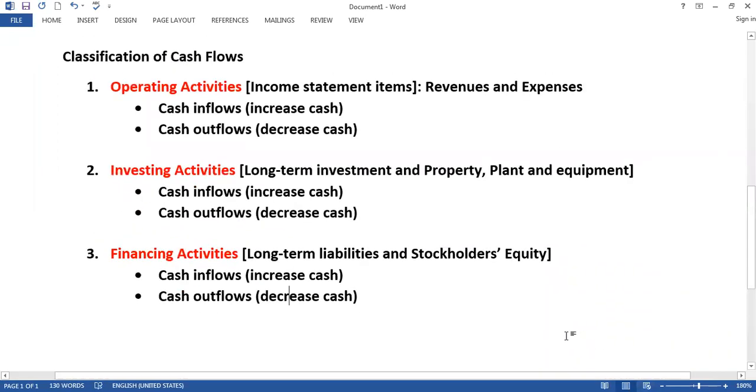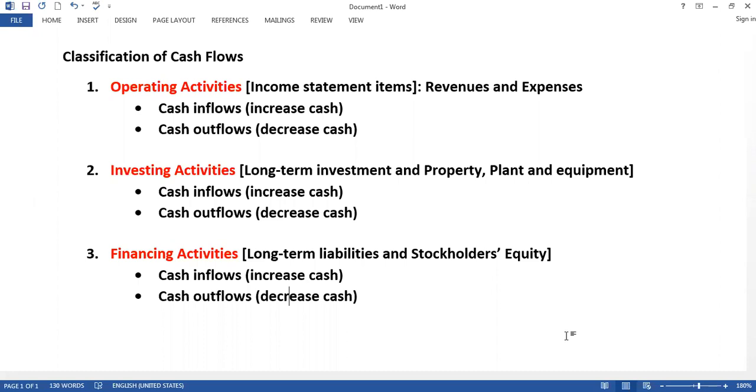So look at the classifications of cash flows. So we have operating activities. Operating activities deal with only revenues and expenses because these are the income statement items. Then operating activities have some cash inflows and some cash outflows. Then we have investing activities. Investing activities are related with long-term investment, property, plant and equipment, and have some cash inflows and outflows.